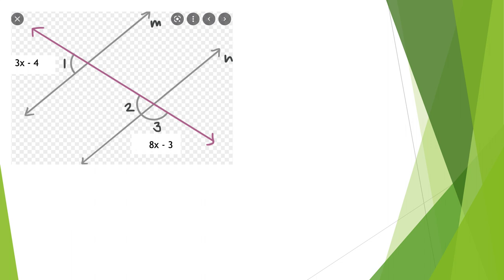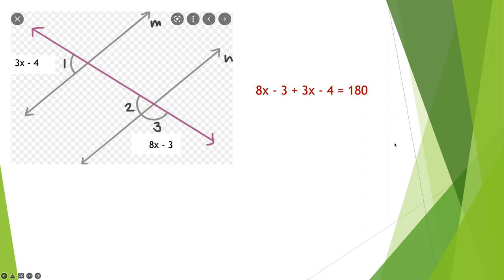While they are exterior, they're not alternate. So there's no way to really categorize these particular angles. We just realize one's acute, one's obtuse. Or if you did drag and drop, angle 1 would land on top of angle 2, putting them next to each other and making half a circle, or 180 degrees. So they add up to 180.